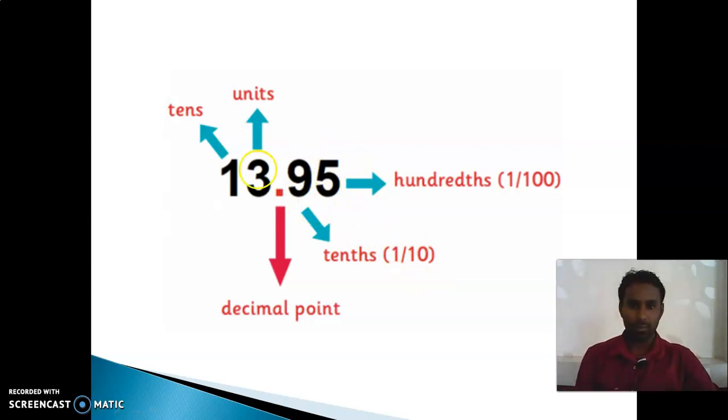Next, this is the 1 by 100th digit, including that digit means 5 by 100 will come. So here that position alone is the 1 by 100th position, this one is the unit position, this one the 10th position. So this is a decimal point. Can you understand? 100th digit means decimal point after 2 digits will come. 10th digit means decimal point after a single digit only will come.